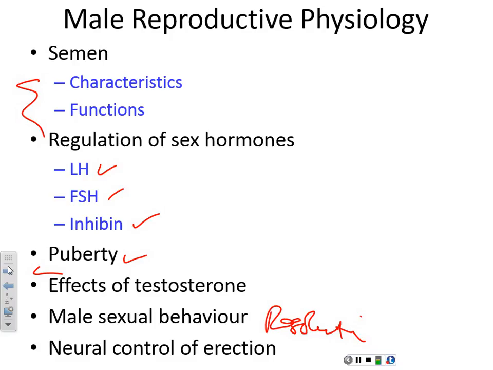But neural control, that's where you have the nerves that control the smooth muscle in the arteries leading to the penis, right? What you want to do is relax the smooth muscle so that more blood goes in there, fills up, engorges those erectile columns. So every pulse comes, just like at the neuromuscular junction, you release calcium, right?